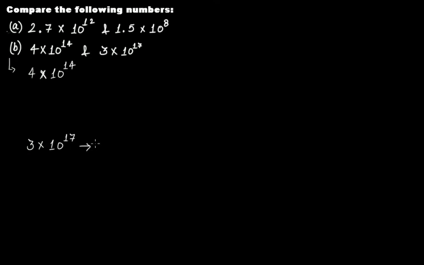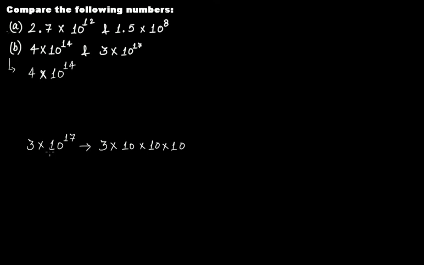What I'm going to do is I'm going to take out 3 tens out of here so that it finally becomes 10 raised to the power of 14, same as this one. So I'm going to take out 3 tens out of this. So 10 times 10 times 10.